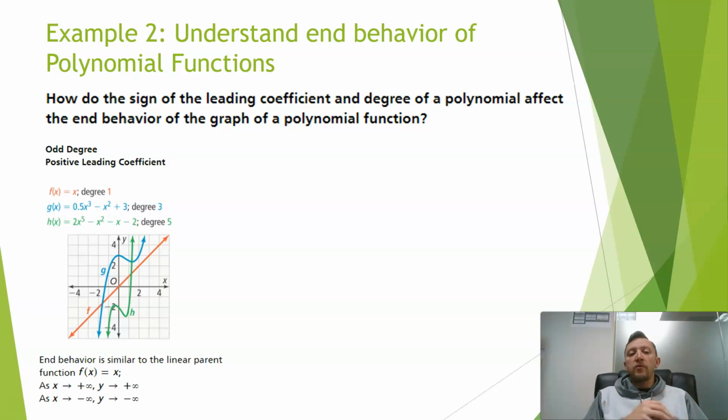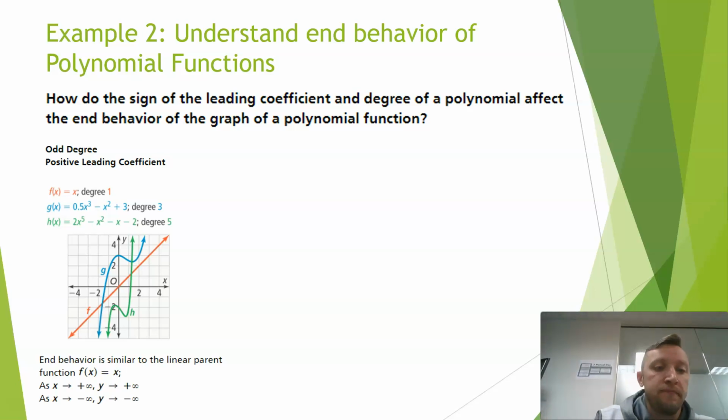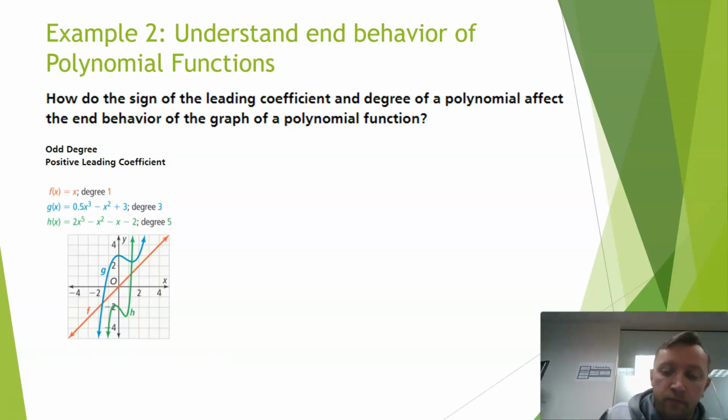And then right below there, you want to make sure that you write down these 2 phrases: x with an arrow pointing to positive infinity, comma, y with an arrow pointing to positive infinity as well. What does that mean? That arrow means, like I said earlier, the word approaches. So what you want to do in your notes is put the word approaches there. So I'll do the same.